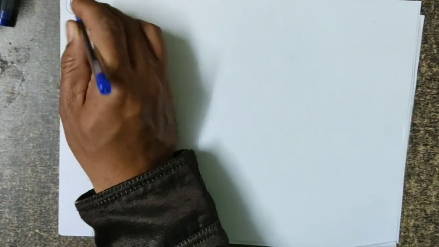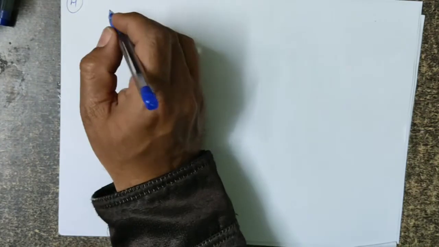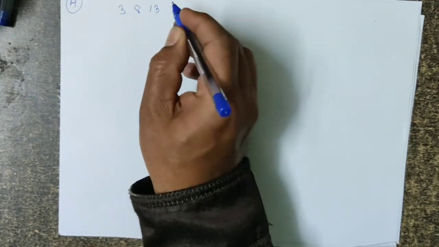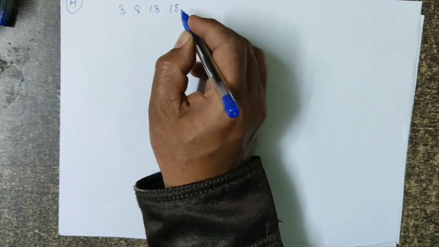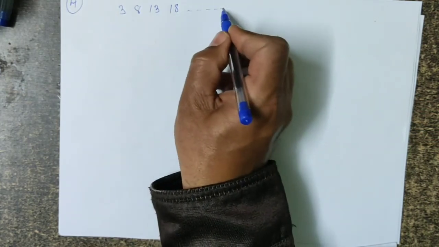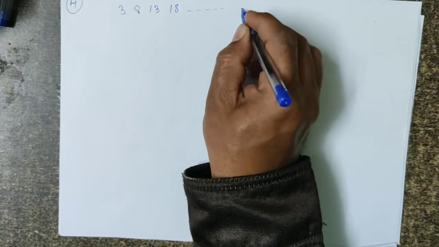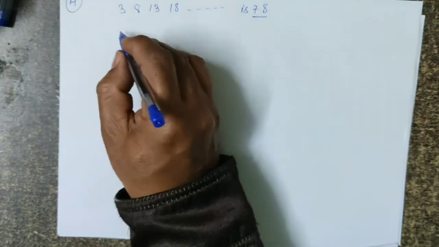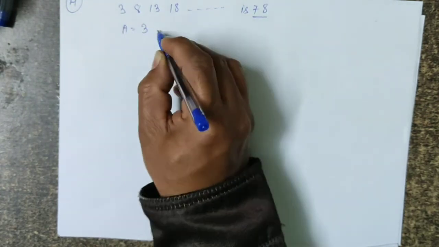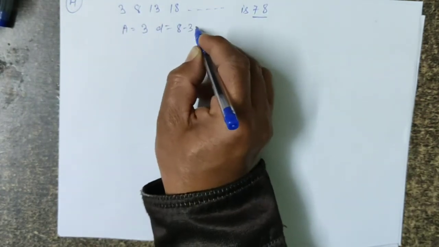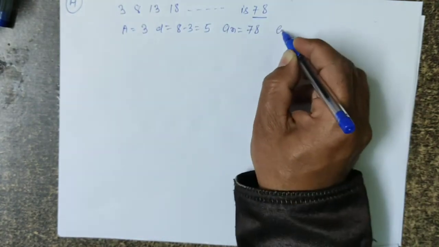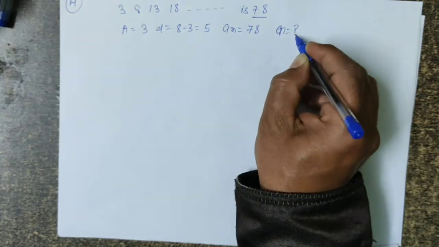The fourth question is, in the fourth question, which term? I have told you earlier that in such type of question, which term or how many terms, we use to find the value of n. The given term is 78. This is the nth term. Here a equal to 3, d equal to 8 minus 3, that is 5, and an equal to 78. What is required? n is required.